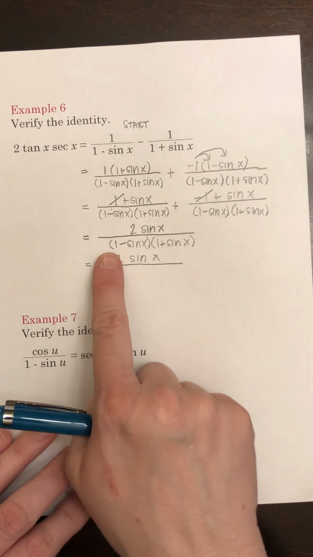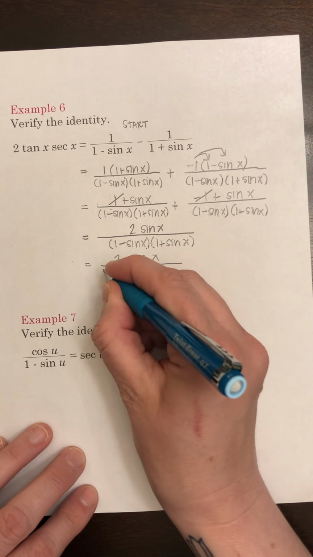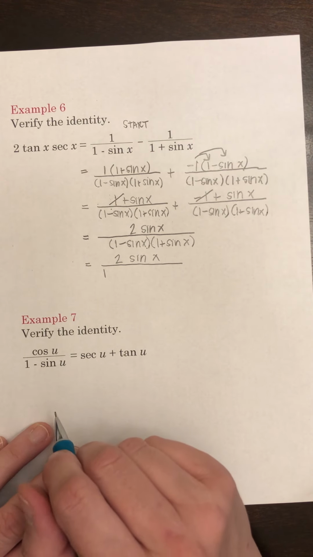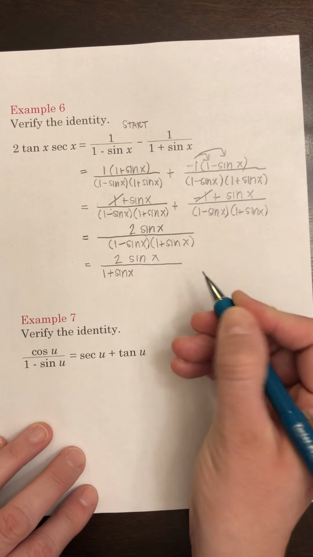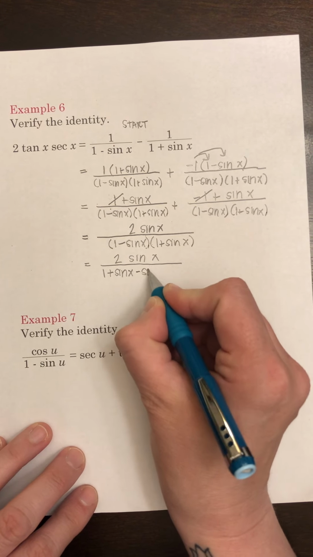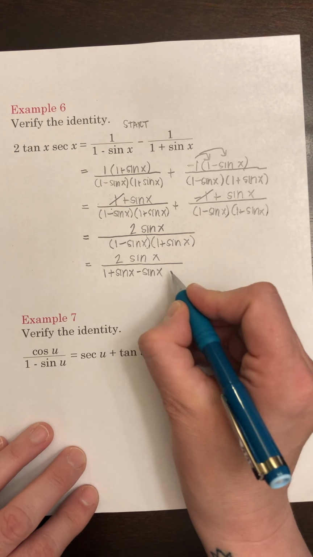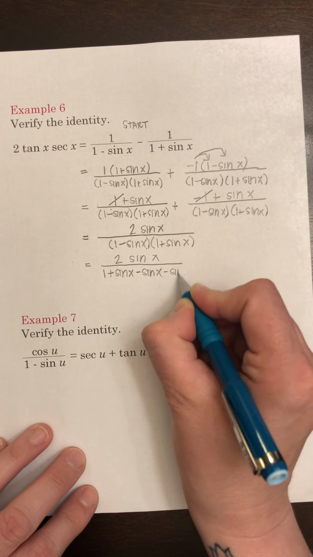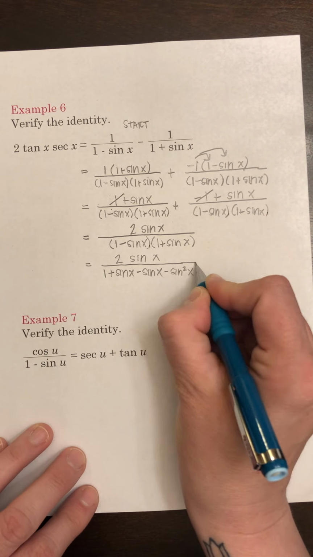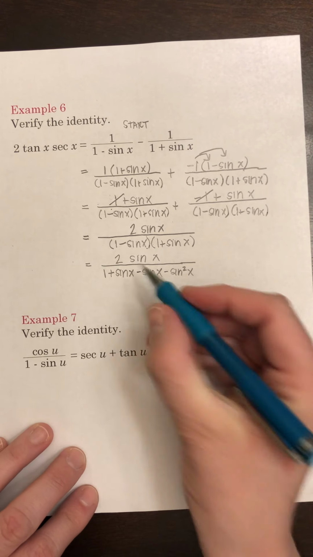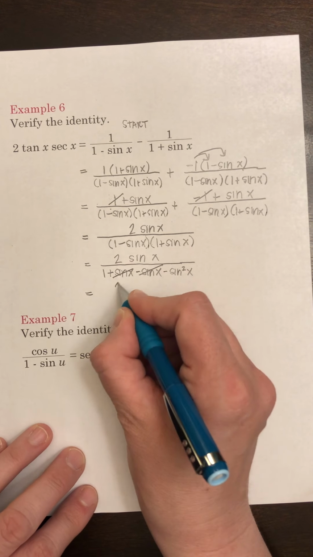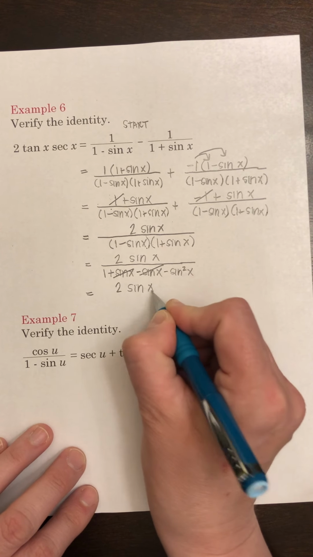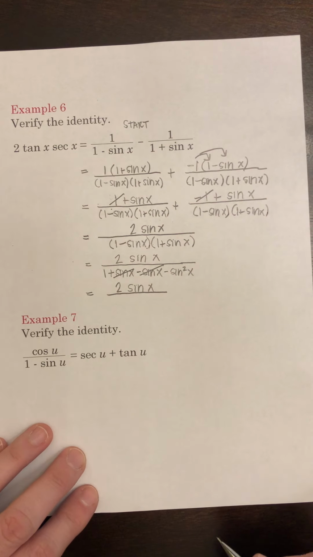So if I did first, I would do 1 times 1, which is 1. Then for my outer term, I would have a positive sine x. For the inner term, I would have a negative sine x. And for the last term, I would have a negative sine squared x. What happens to the 2 in the middle? They're opposites. They're going to cancel each other out. So I still have 2 sine x as my numerator.